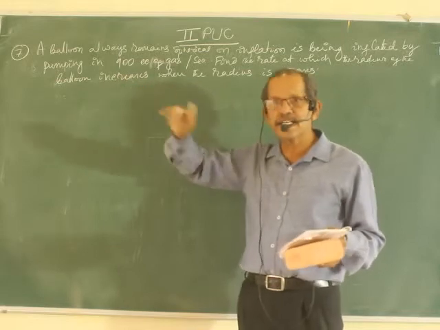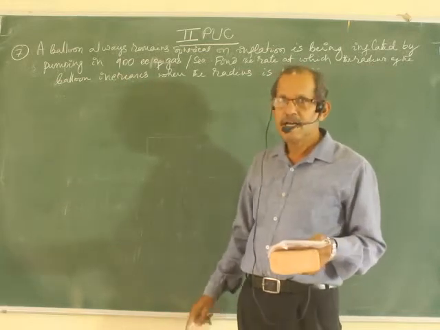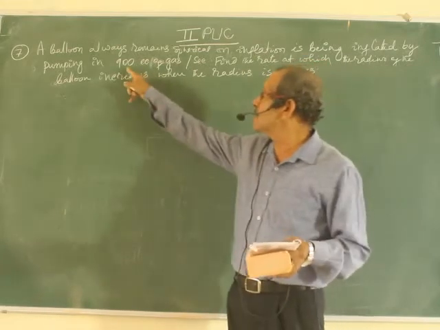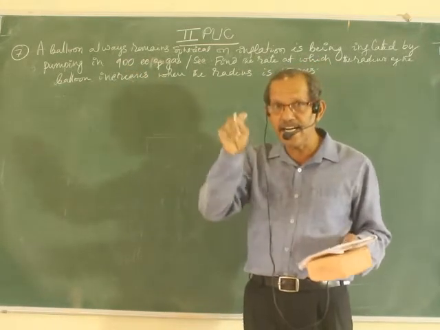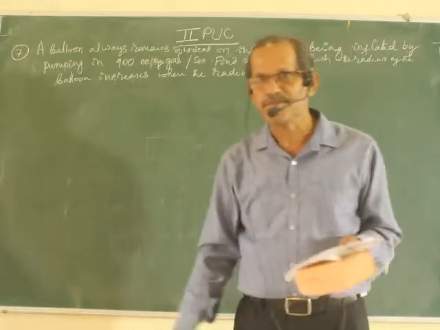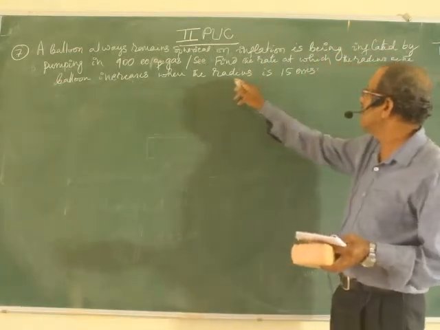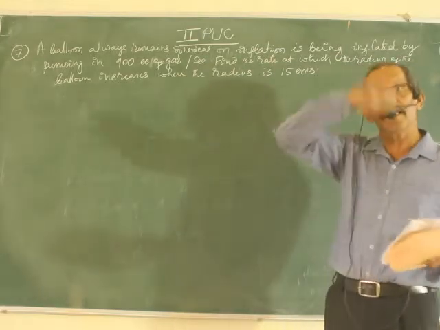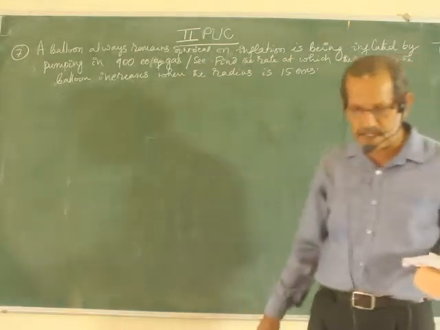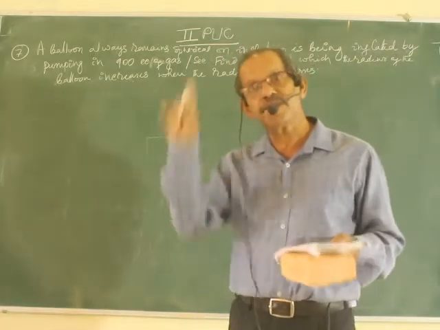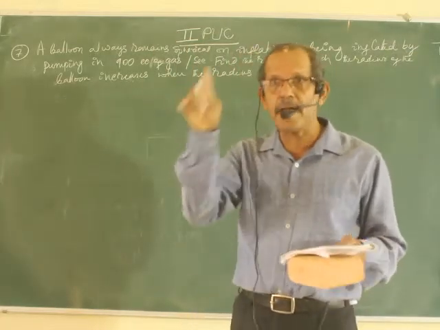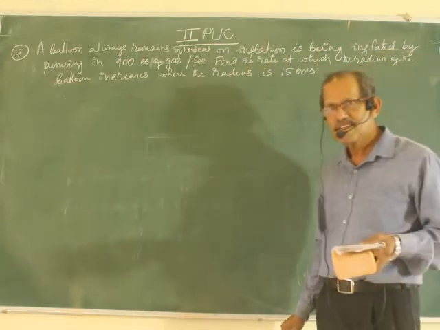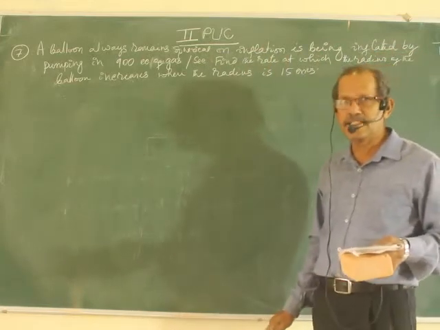Initially its radius increases fast, but after getting sufficient space, even though you are filling 900 cc, the radius changes by a small amount. So you have to calculate the rate of change of radius when the radius has reached 15 centimeter. Understand the problem clearly, that's all.